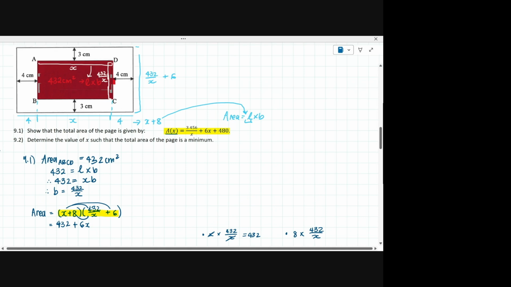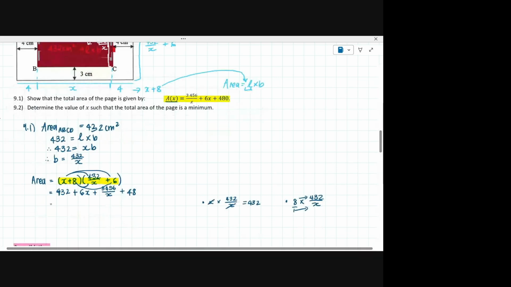Unfortunately, nothing simplifies here, so I'm going to have to say 8 times 432 and then the 1 times the x. 8 times 432 is 3,456 over x, and 8 times 6 is 48. We have some like terms there, the 432 and the 48. So 3,456 over x plus 6x, 432 plus 48 is then 480.